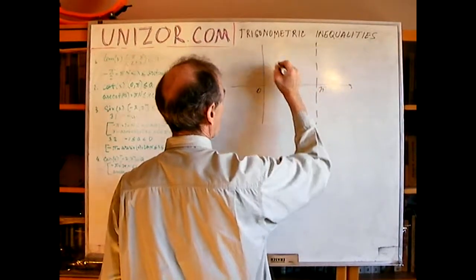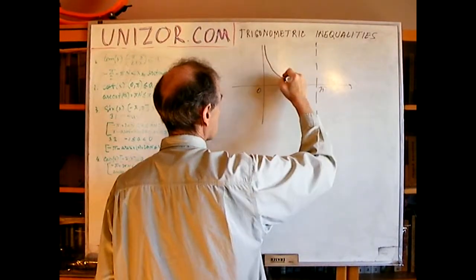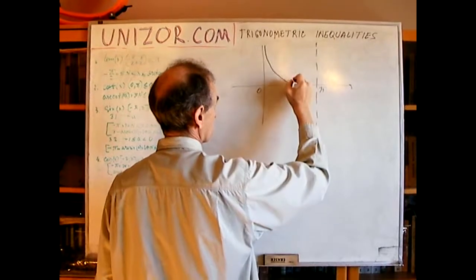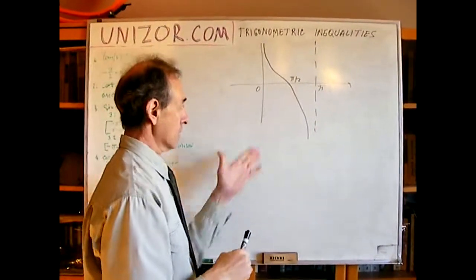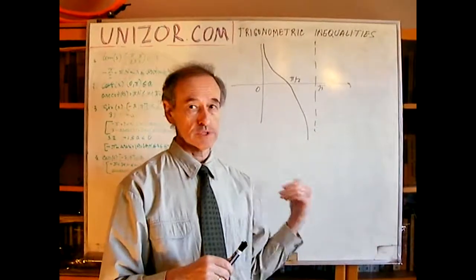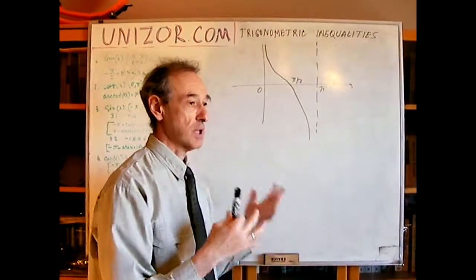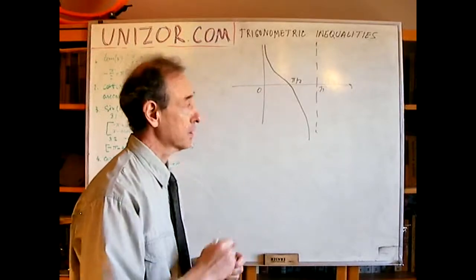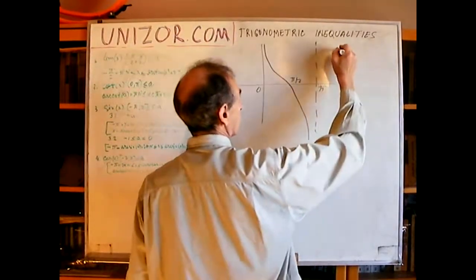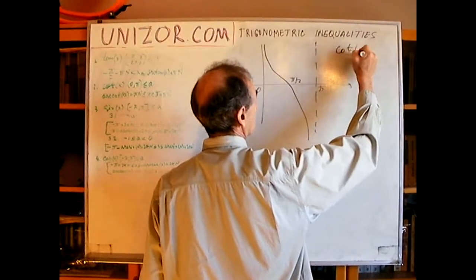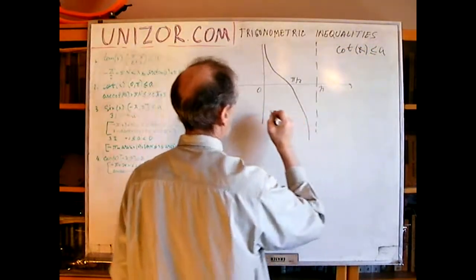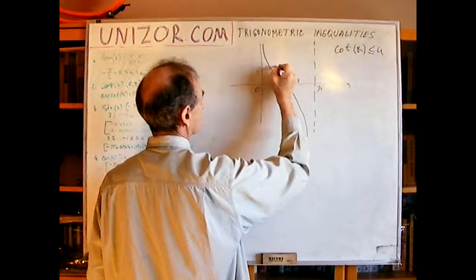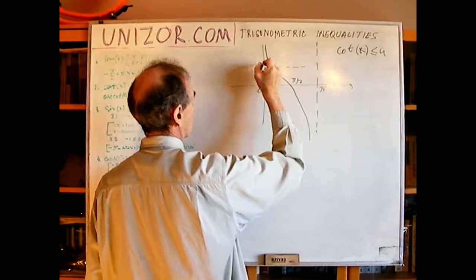Well, because cotangent behaves monotonically. This is pi over 2. Now, on this particular interval from 0 to pi, cotangent behaves monotonically. So, my inequality, now let's use the positive a.